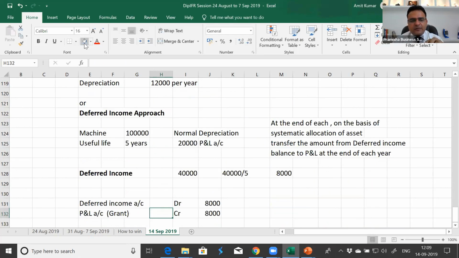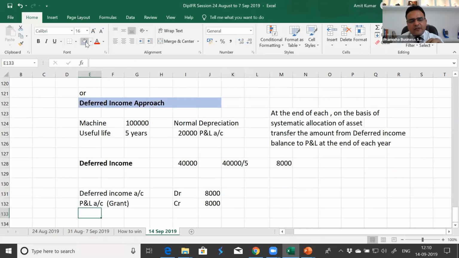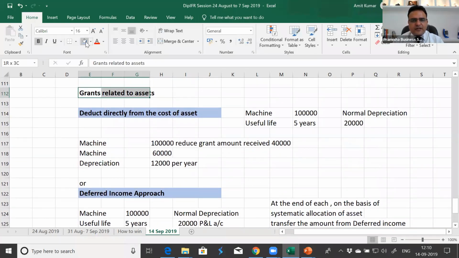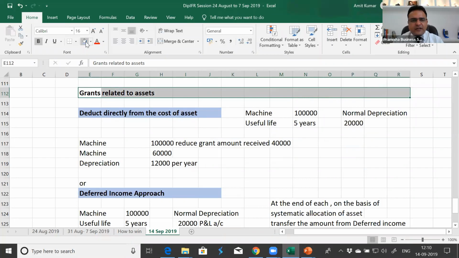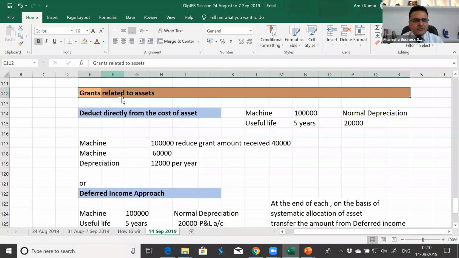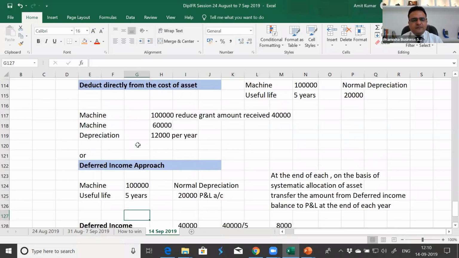So the deferred income approach is being used in India. We'll be using only this approach in India. We'll not be allowing the second approach. As far as IAS 20 is concerned, we have a choice: we can directly reduce the value of the asset, or we can use the deferred income approach. Is this clear?